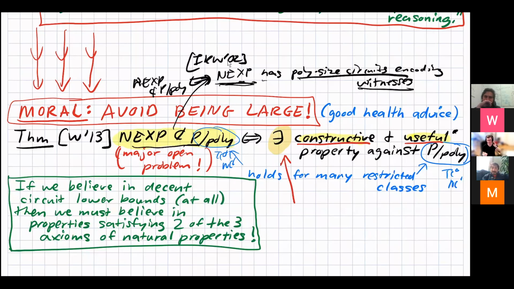So the proof gives you an explicit P-time algorithm A, and the only thing you need to show it's useful is that NEXP is not in P/poly if and only if A is useful.